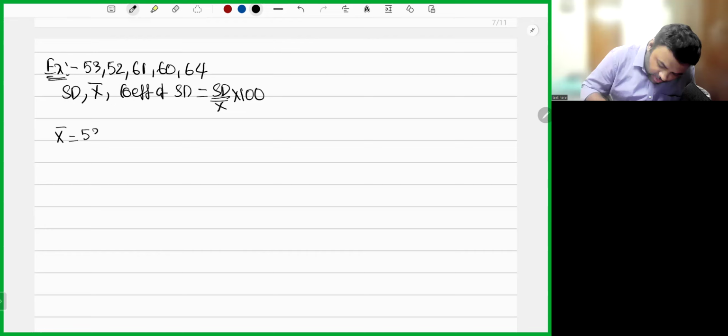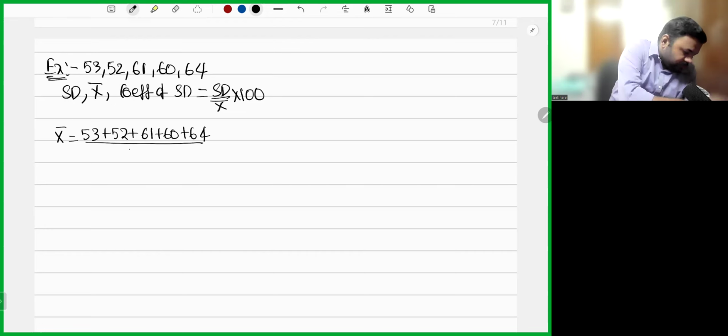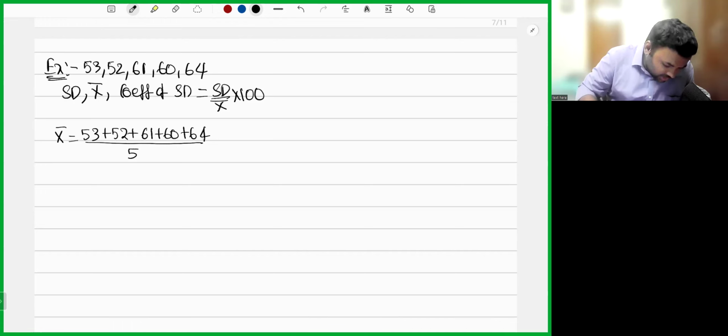53 plus 52 plus 61 plus 60 plus 64 whole divided by 5. It is equal to 58. Now, under root summation of x minus x bar whole square by n.